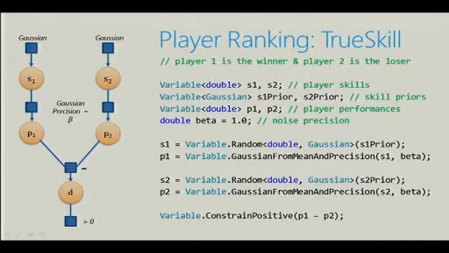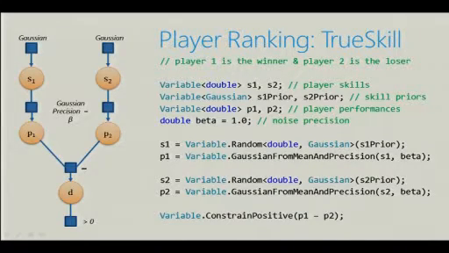But if we assume player 1 wins, because again, this is done afterwards, we know that P1 minus P2 had to be positive. So we know that's true, and then we can infer backwards and update the skills. So the priors would have been whatever skills you had for those players previously.